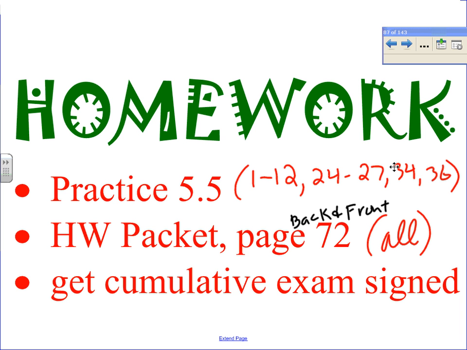Okay, did everyone write these numbers down? Homework packet page 72 is the one that I typed. It's numbers 1 through 16. Please do all of it. This is good practice for your test Thursday. Third, Adam, get the cumulative exam signed.